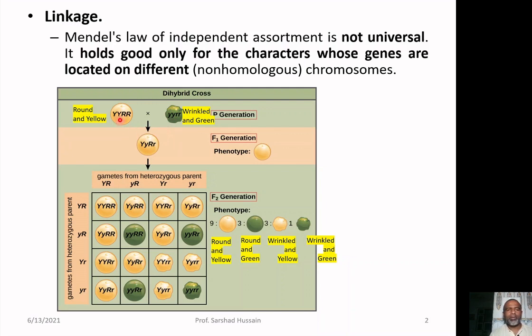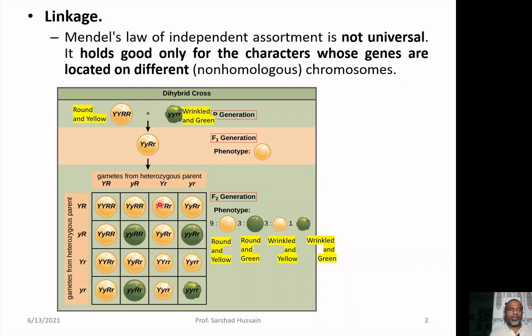For example, when both of these were crossed, in the F1 generation the phenotype was again round and yellow, because the dominant Y and dominant R are present, but it is heterozygous and shows the phenotype of one of the dominant parents.